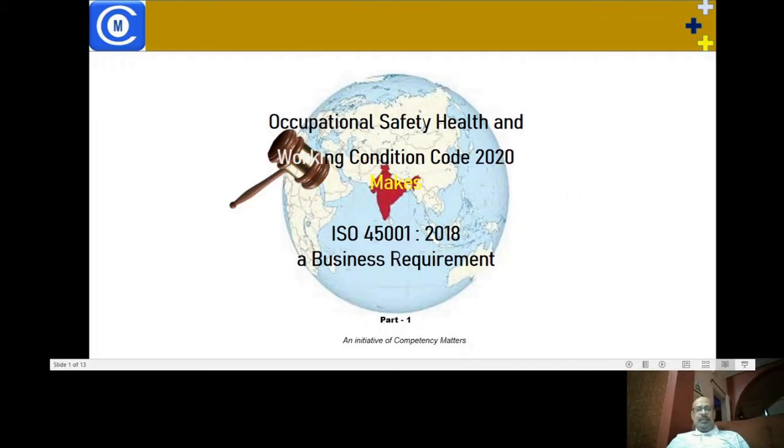Today we are starting a new series: the Occupational Safety, Health and Working Condition Code 2020 makes ISO 45001:2018 a business requirement. As we have gone through this code, we found that there are striking similarities between the code and the requirements of ISO 45001:2018.